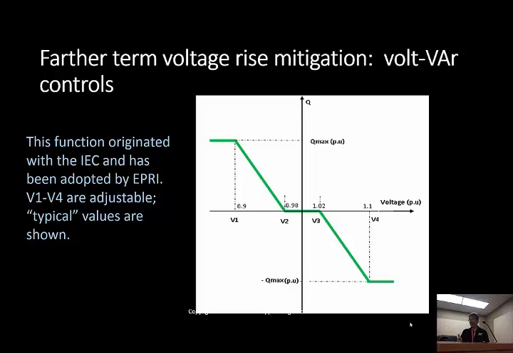So you have to be careful if you've got more than one photovoltaic plant on there, that they are properly coordinated so that these volt-VAR controllers don't fight with each other. And again, modeling is an easy way to do that. So this is where we're probably headed in the future, adaptive volt-VAR control, so that the inverter will figure out whatever its VAR output needs to be to try to meet specific voltage goals.